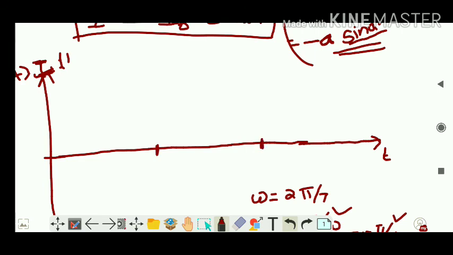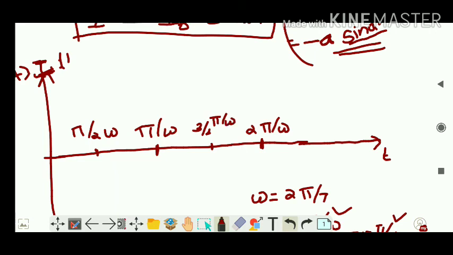So this is one cycle, 2 pi by omega. This is half of it, pi by omega. Its half will be pi by 2 omega. This one will be 3 by 2 pi by omega. Right, simple. Now this is 0.